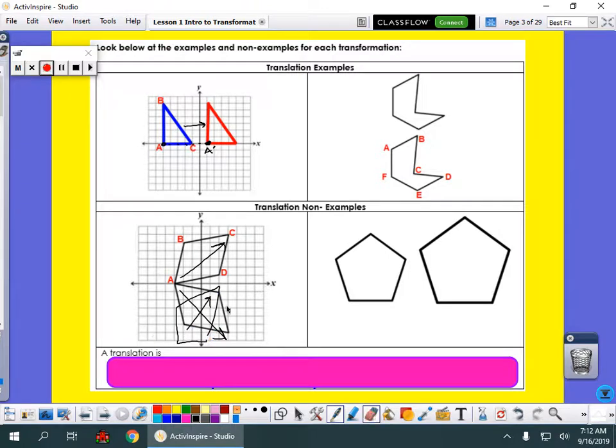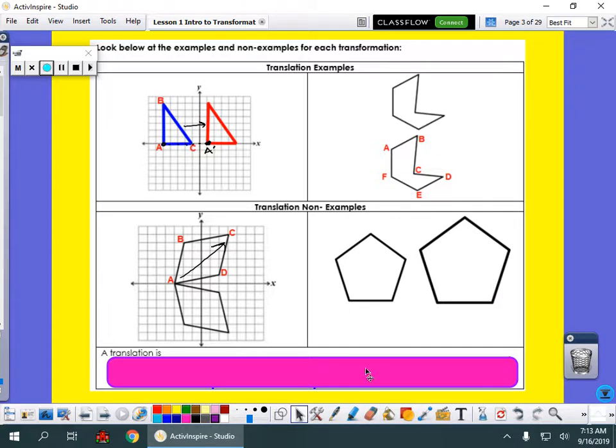Does anybody have the word for what happened here? Yes, exactly, that's the word. It's a reflection. Very good. All right, so this reflected over. All right, and over here, they have to be the same size, same shape, and they are the same shape, but they're not the same size. This was actually a dilation. It dilated, got larger. So that is not a translation.